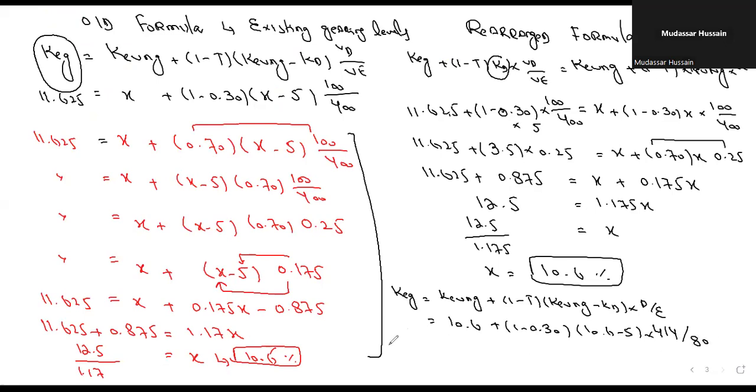So now this will be 11.35. So this was the difference between the old formula and the rearranged formula. The answers with both of the formulas, when we find the ungeared cost of equity, will be the same. Only this is an easier formula when we apply it on the spreadsheet. That was the main concern.